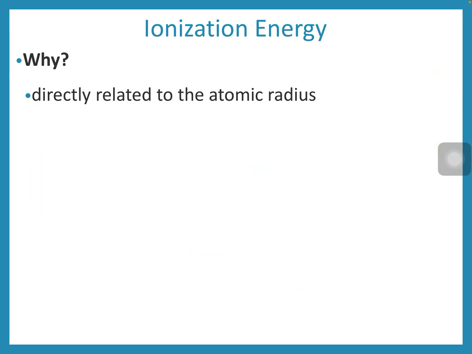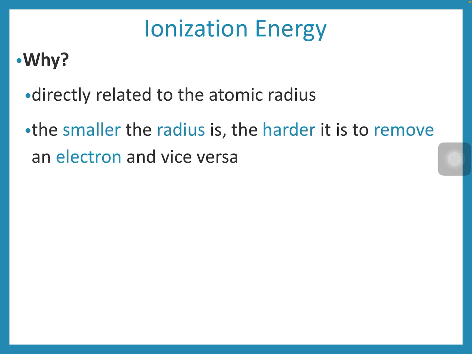So why is that happening? There's a direct relation to the size of the atom, or the atomic radius. The smaller the radius of the atom is, the closer the electrons are to the nucleus, which is what is holding those electrons in place. With more protons across a period, there's a stronger attraction pulling those electrons closer, which makes it harder to remove an electron.